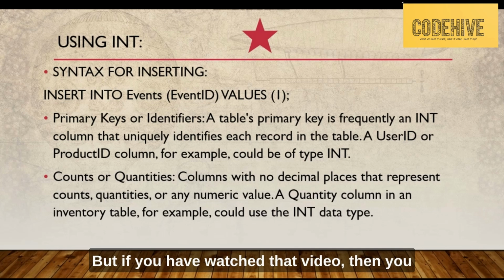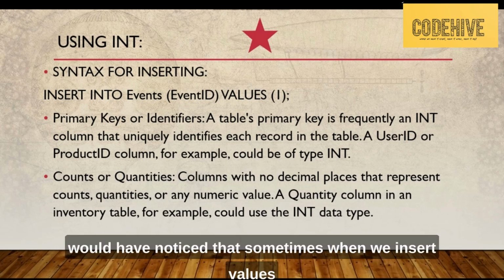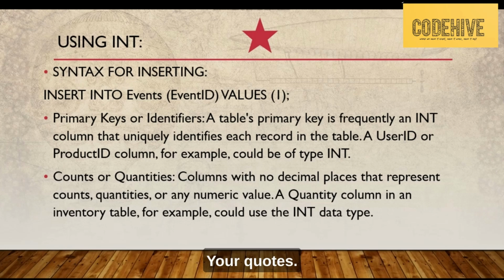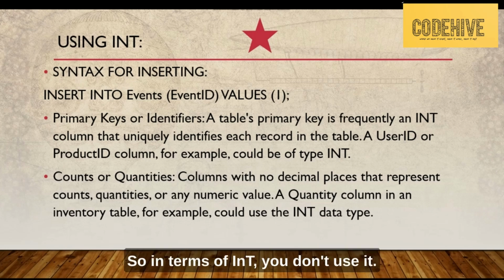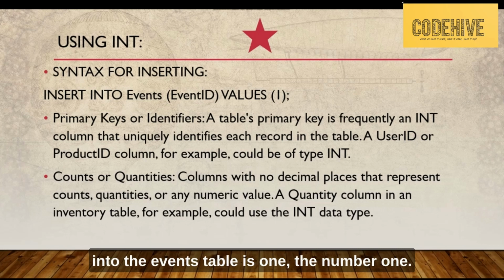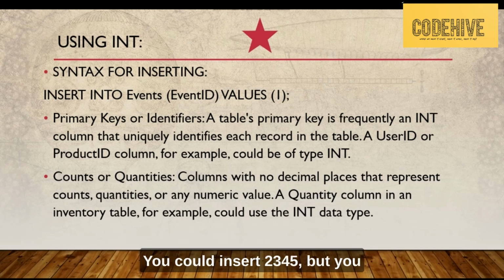But if you have, then you would have noticed that sometimes when we insert values into a table, we use quotation marks. In terms of int, you don't use them. You just put whatever number it is. In this example, the value that you're inserting into the events table is the number 1. You could insert 2, 3, 4, 5, but you don't put it in quotation marks.